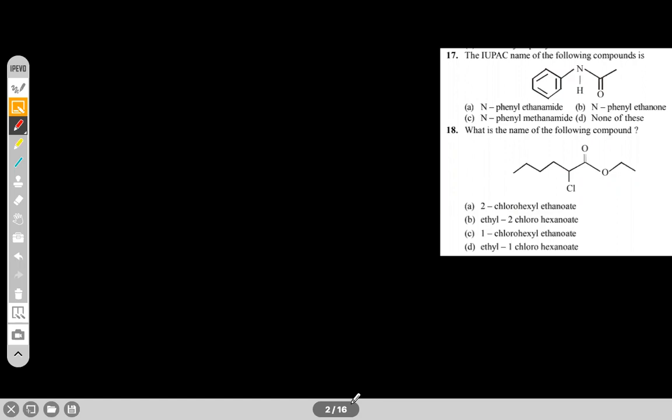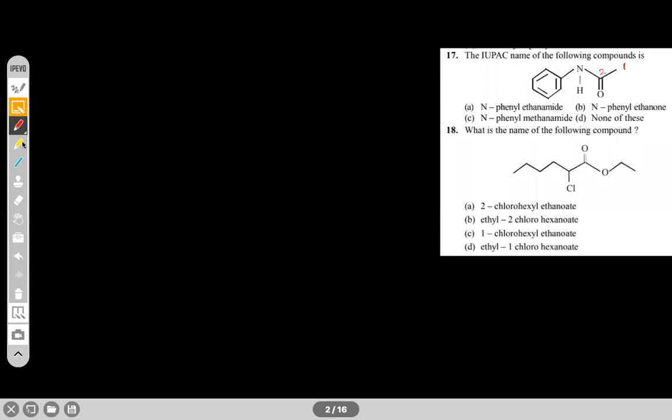So you see here, we have 1 and 2 carbon atoms.